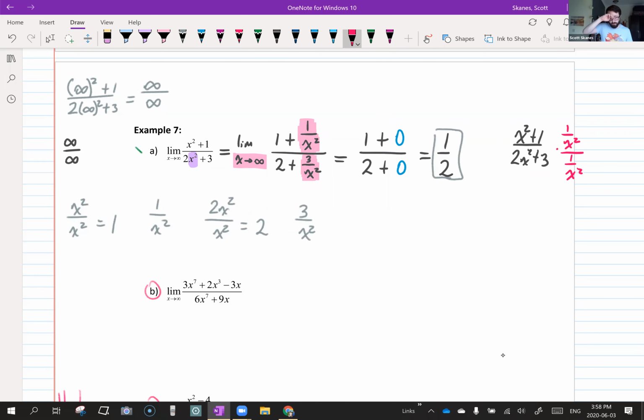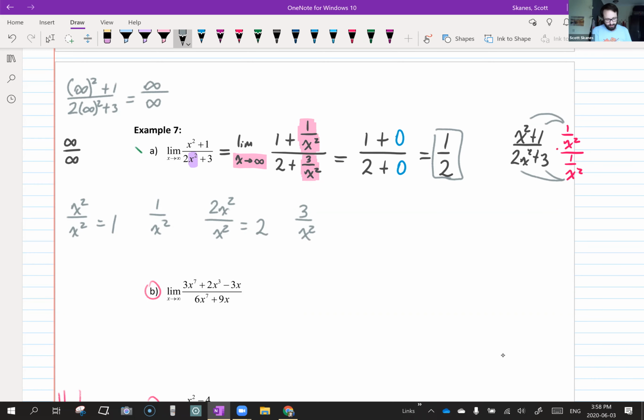You still take the term on bottom, but you multiply everything by this. And then you can see it clearly. Multiply, multiply, multiply, multiply. But in my opinion, the way that I showed you is better because it's faster, takes much less actual work on the page.